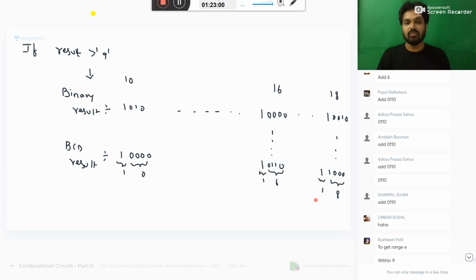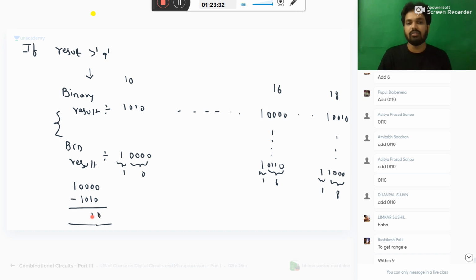For this operation, first you should check what relations are here. What is the relation between this and this? In all the cases, is there any common relation? We need to check that. You see here, this 16 is here. Look at these two: 1 all zeros minus 1010. What is the difference between these two results?